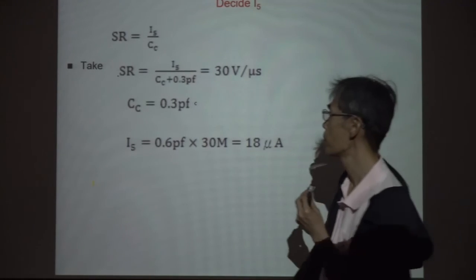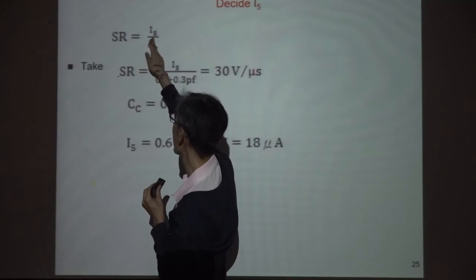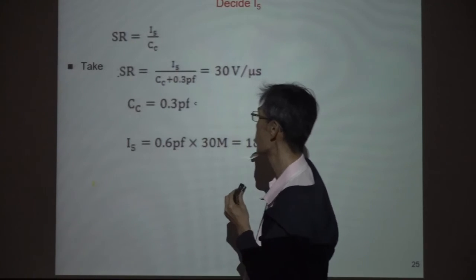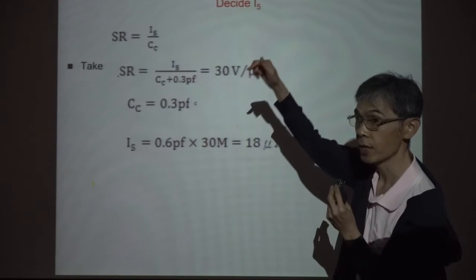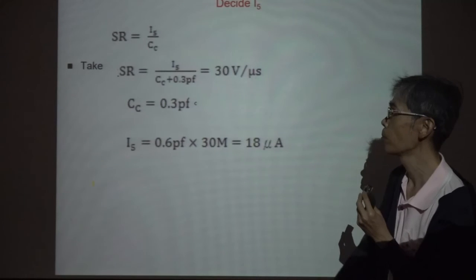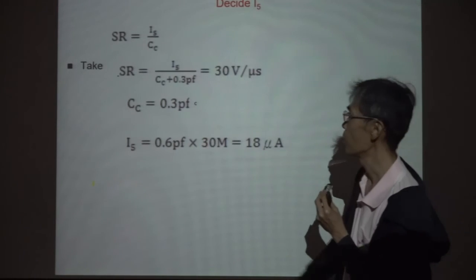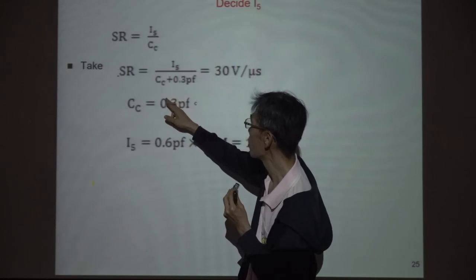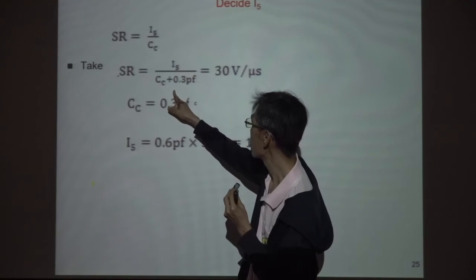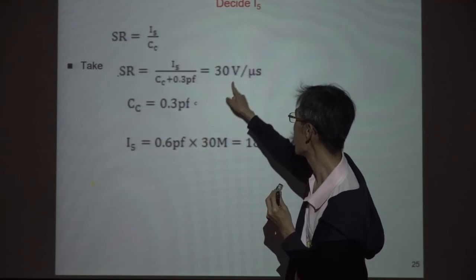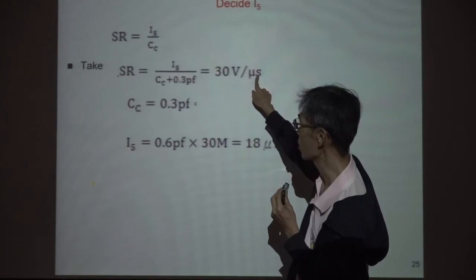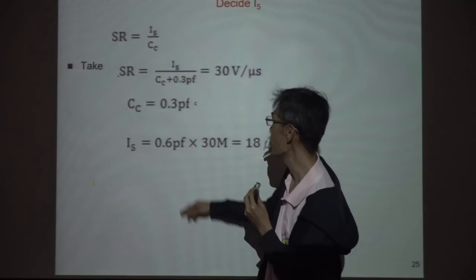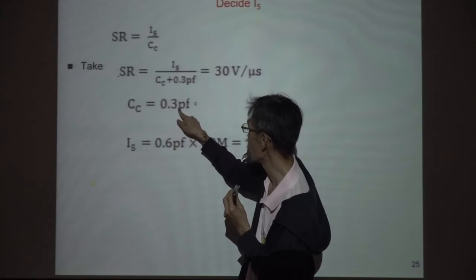Slew rate. The slew rate is I5 over CC. Remember I5 is ISS. Slew rate is 30 volts per microsecond. Remember we select CC 0.3 picofarad.